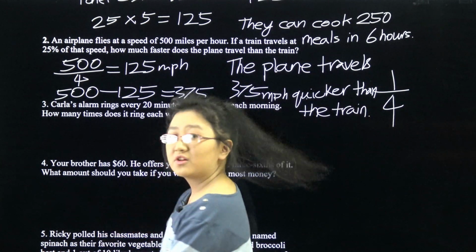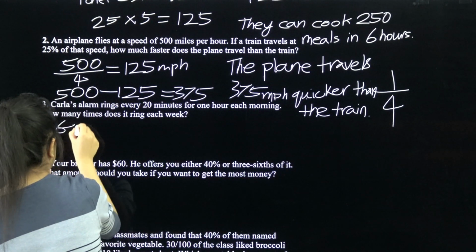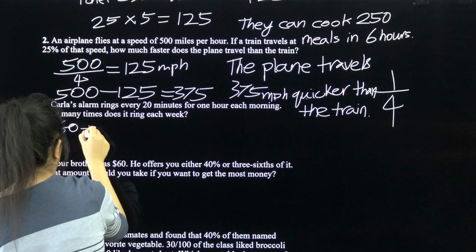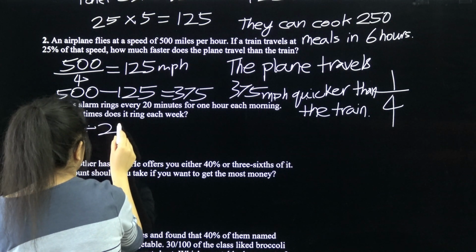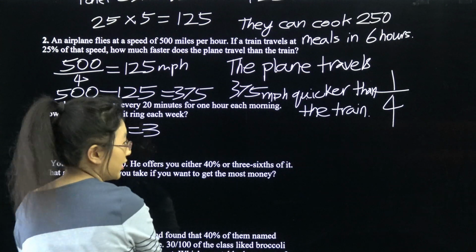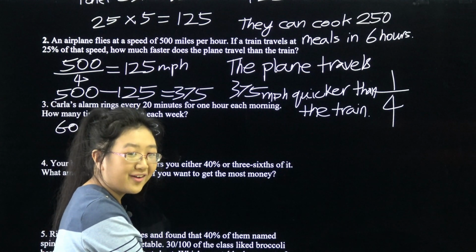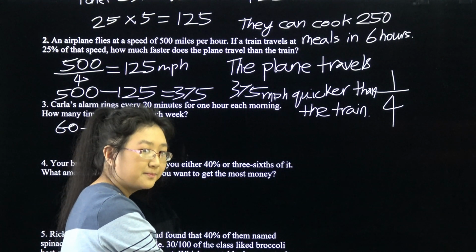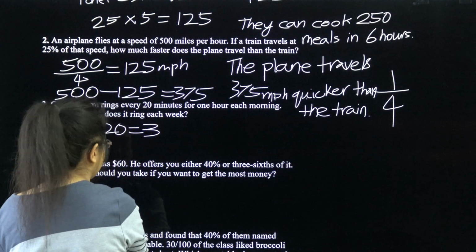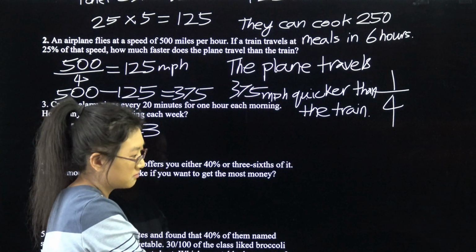So, how many minutes are in an hour? 60. So we have 60 minutes in an hour divided by 20, and that's how many times it rings each morning. 60 divided by 20 equals 3. How many mornings are there in a week? Well, there's 1 morning a day, and there's 7 mornings in a week because there's 7 days.